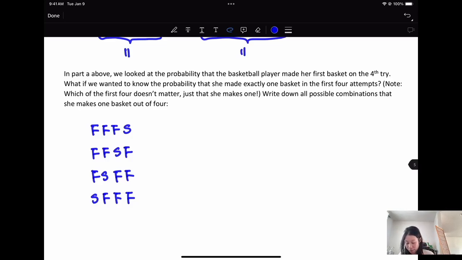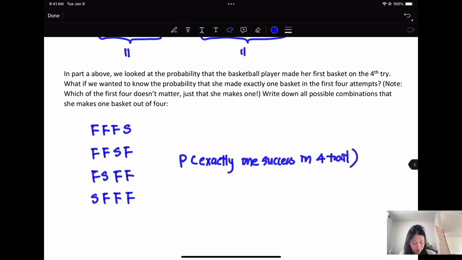So the probability that she makes exactly one basket, exactly one success in 4 trials, is the sum of these different scenarios, different combinations. Each individual one is calculated and added up together.